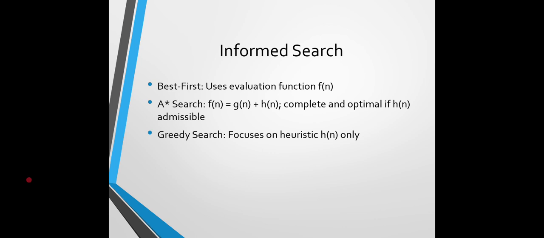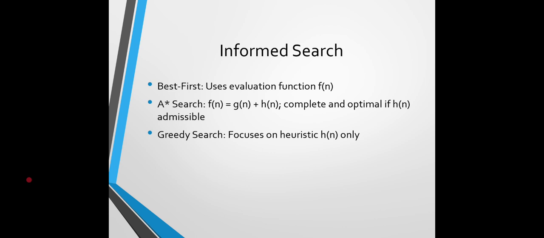Informed search algorithms leverage a heuristic function h(n) to estimate the cost to the goal. Greedy search is the simplest, using only the heuristic h(n) to guide its search. It's fast because it always picks the node appearing closest to the goal, but this often leads to non-optimal solutions.